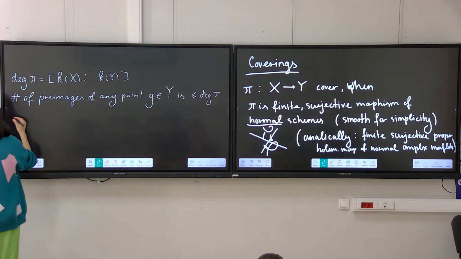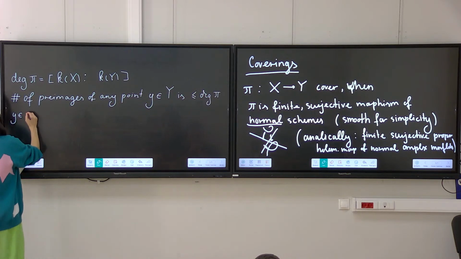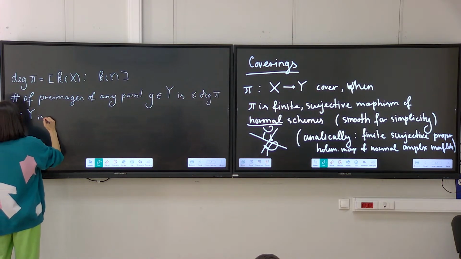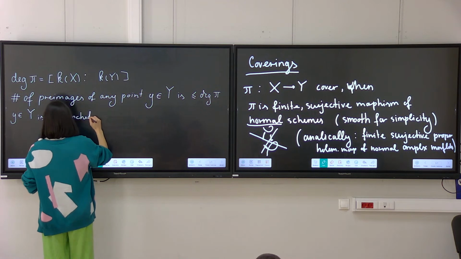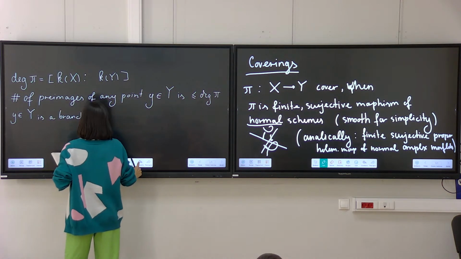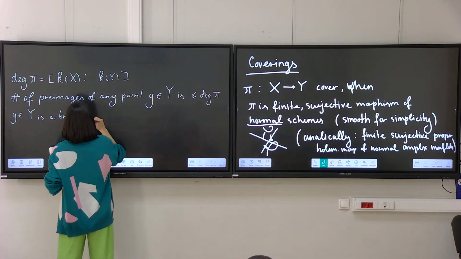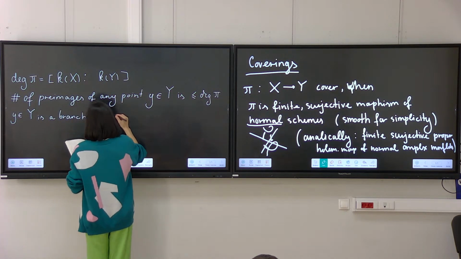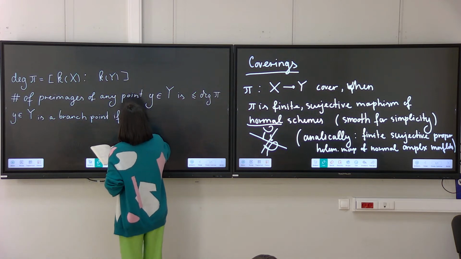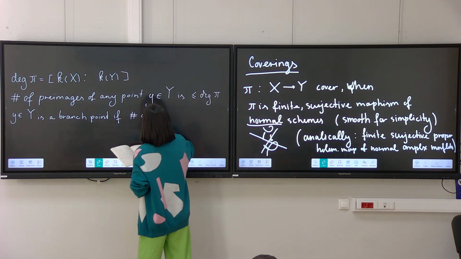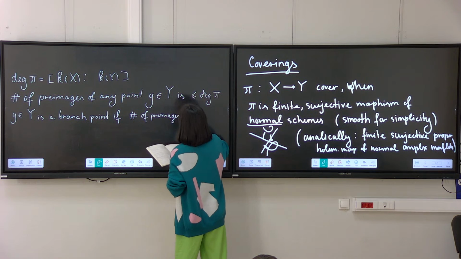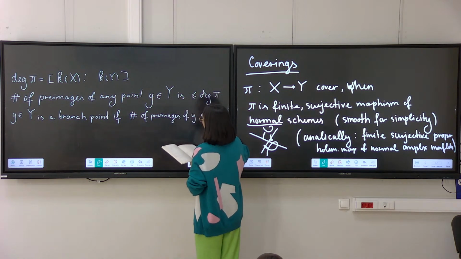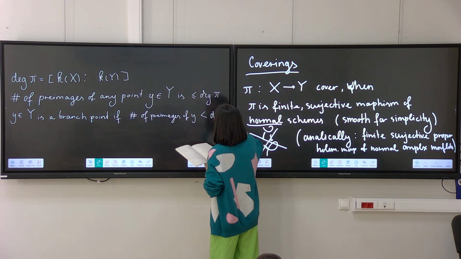Okay, and we will say that the point is a branch point if this number of pre-images is strictly less than the degree.